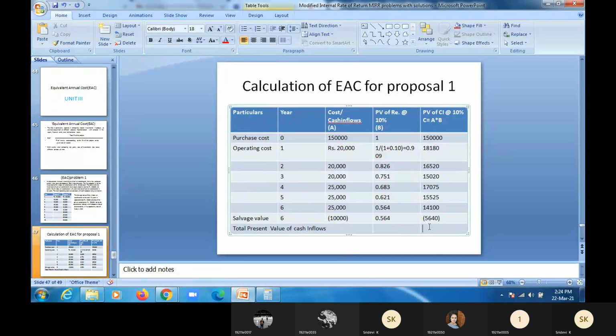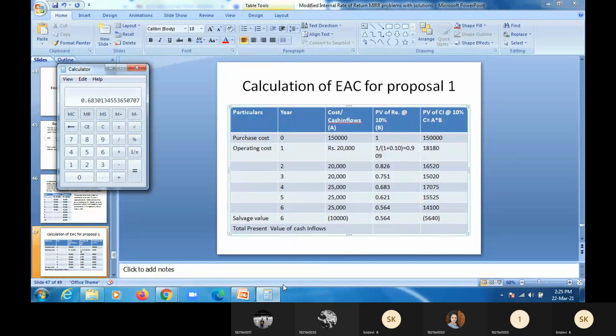Now add this column C, sum up all the column values. How much are you getting here?